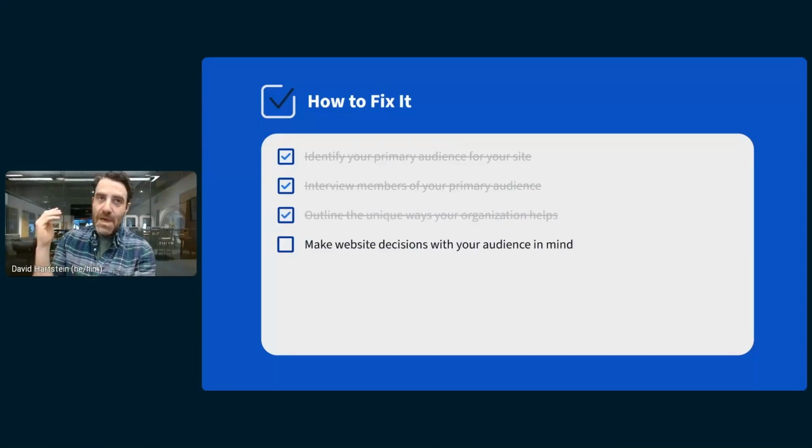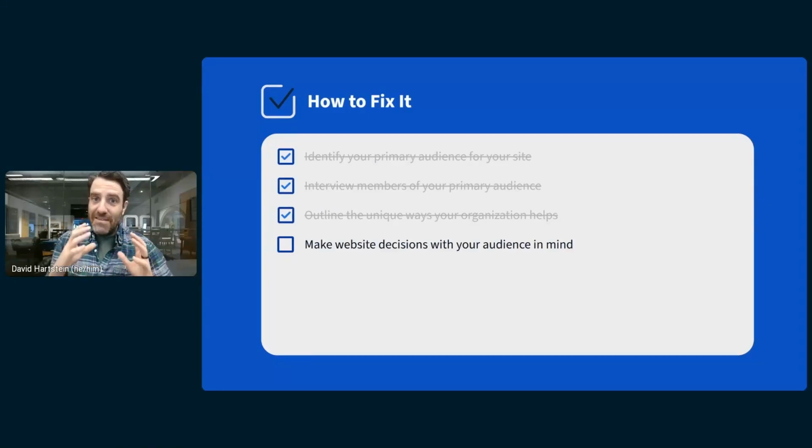And then finally, we need to make decisions about our websites with these key audiences in mind. Just not thinking of everyone who might end up on the website, but your primary audience, the one that you identified during this exercise. And there's probably going to be some trade-offs that you end up having to make. It's okay.